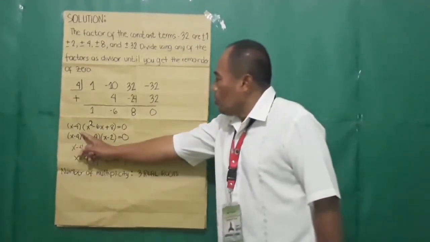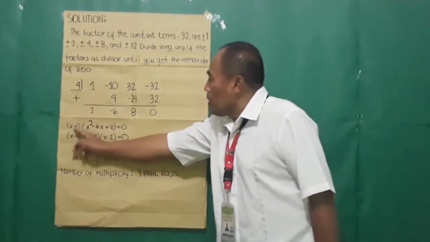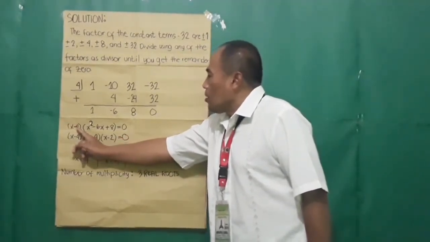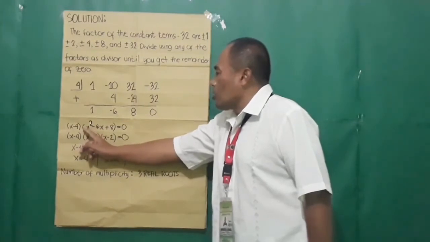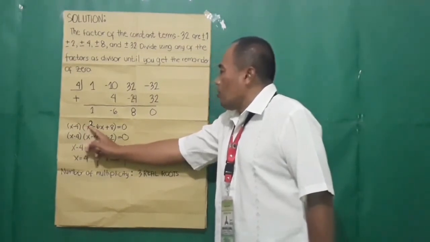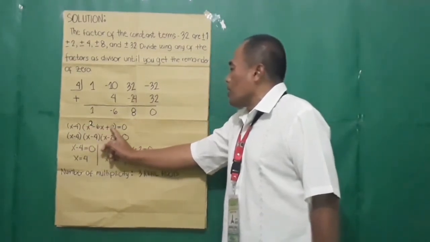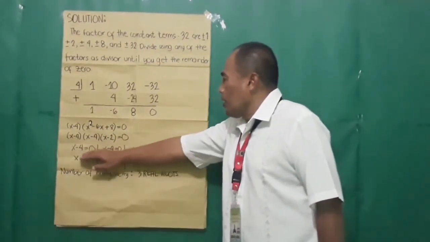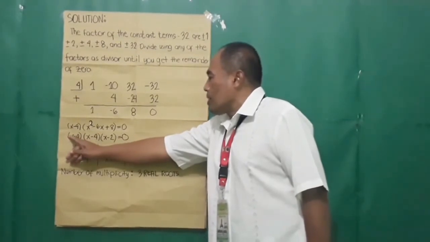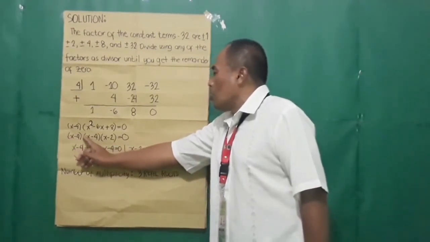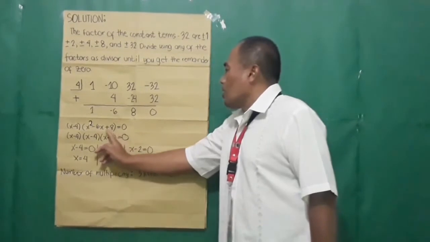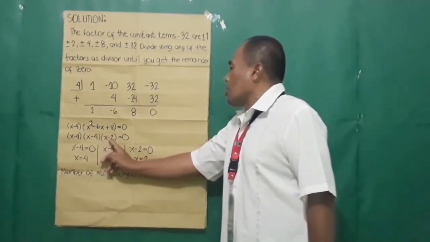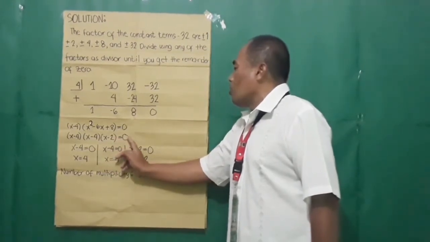So the factored polynomial equation is (x minus 4)(x squared minus 6x plus 8) equal to 0. Then rewrite again: (x minus 4)(x minus 4)(x minus 2) equal to 0.